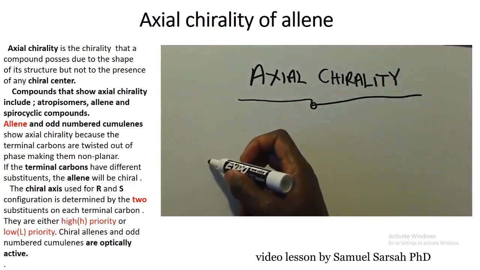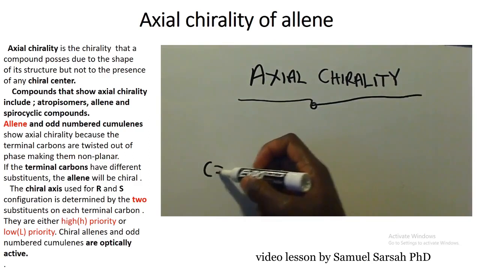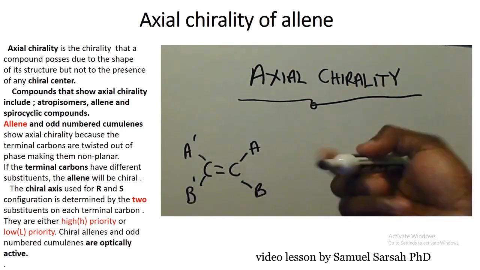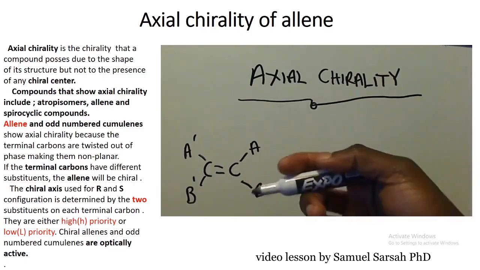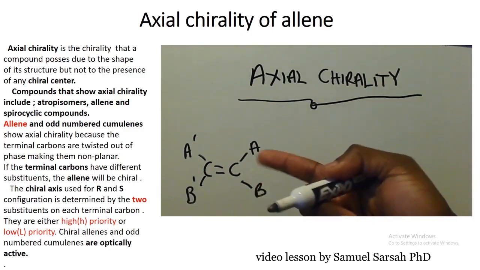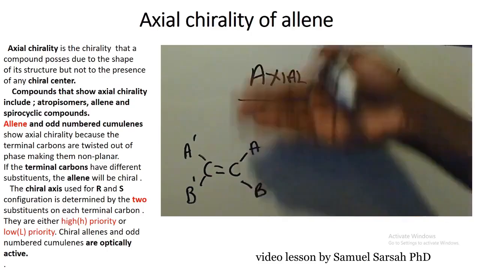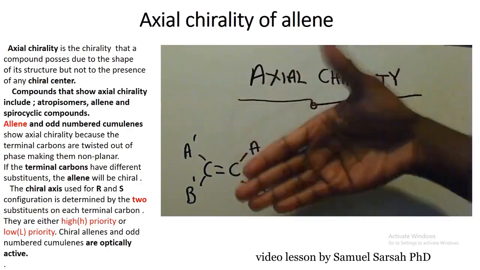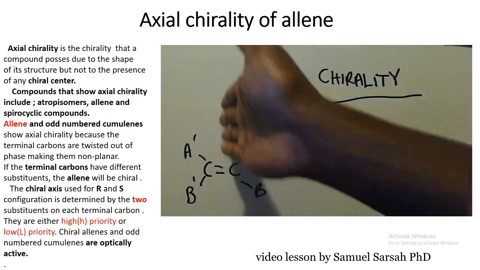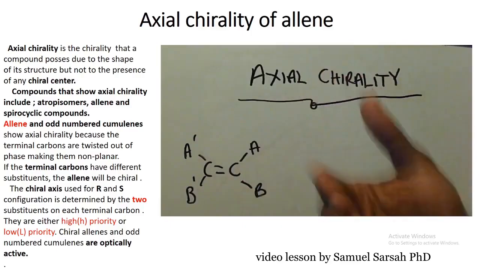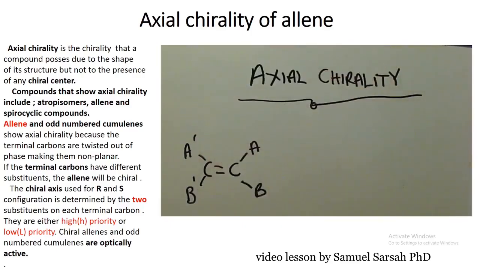So let's see, this is an alkene. You can call it cis or trans or E or Z, it doesn't matter. This is flat, so at any point in time, even though you can't cut it through here, along the plane of the board, you cut through, you get a plane of symmetry.